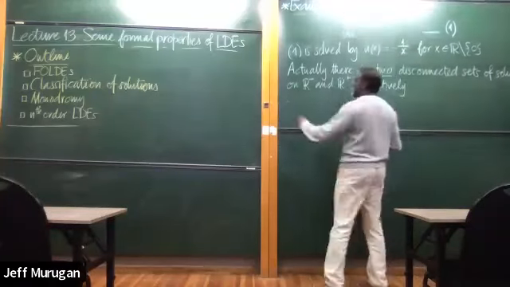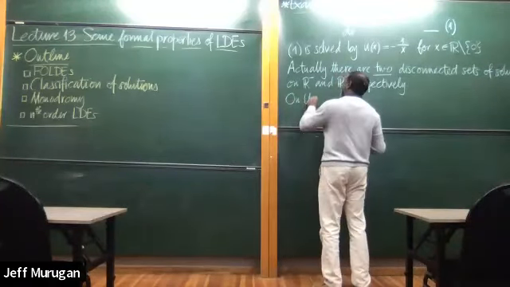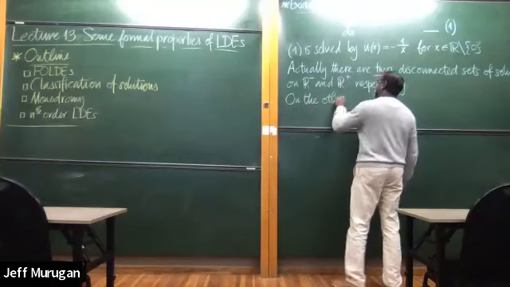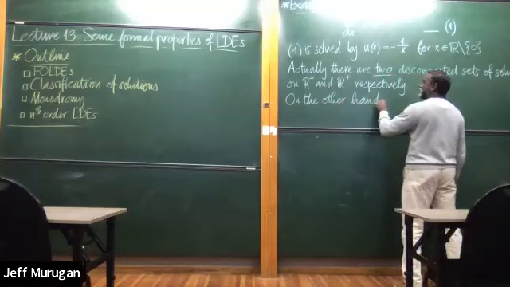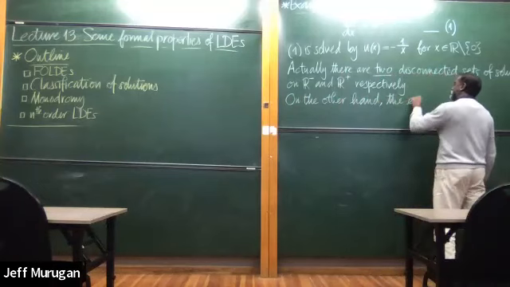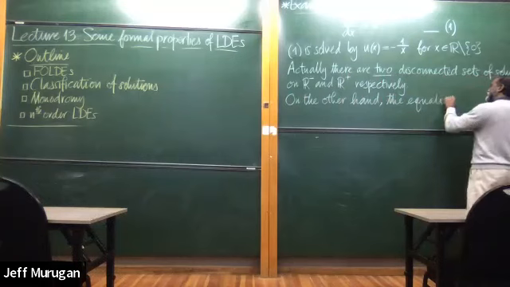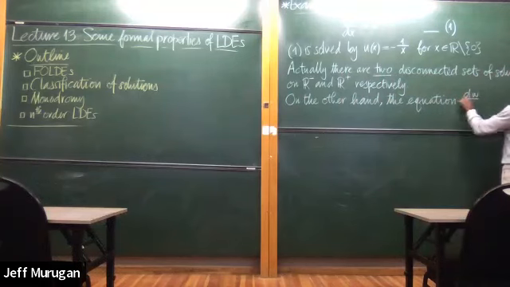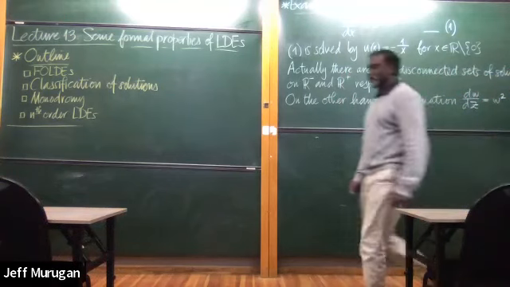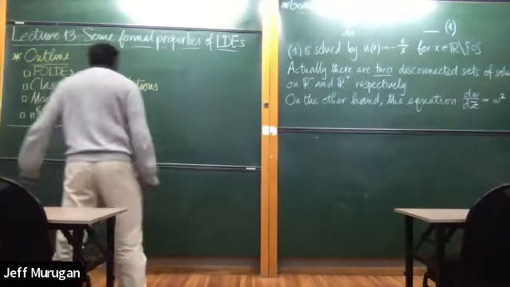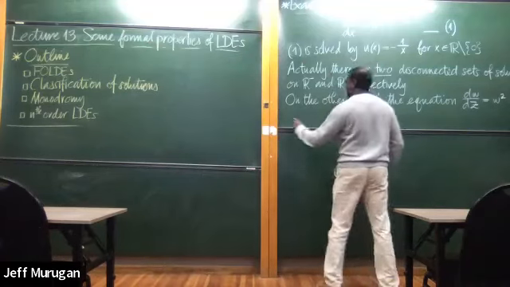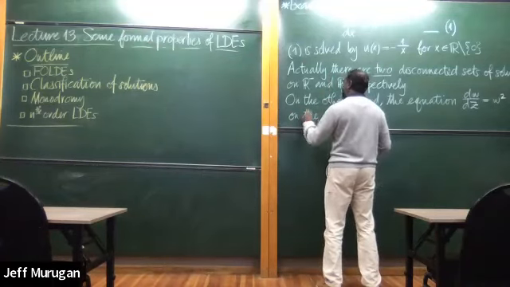On the other hand, the related equation dw by dz equals w squared also has a similar solution, where now z is a complex number and w is a complex valued function.